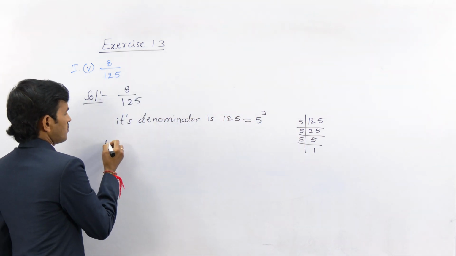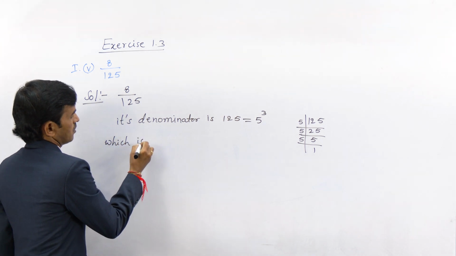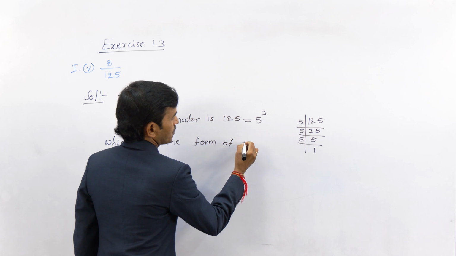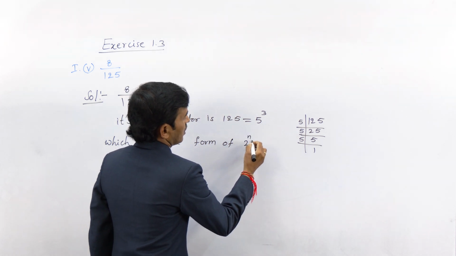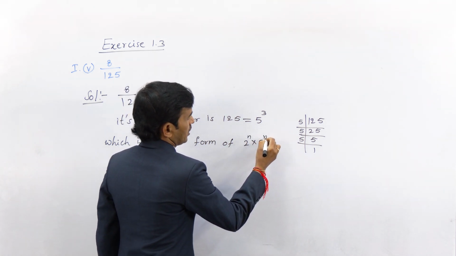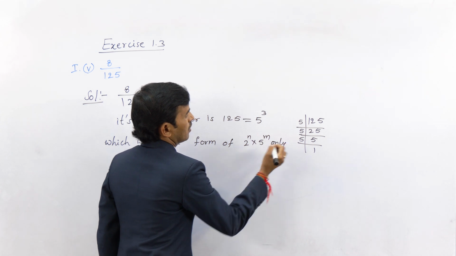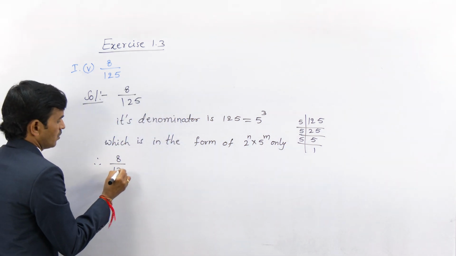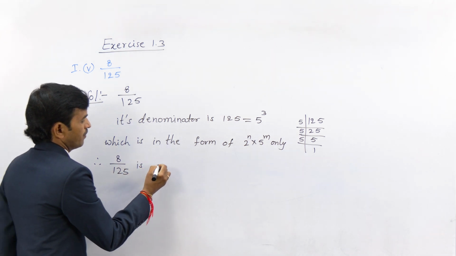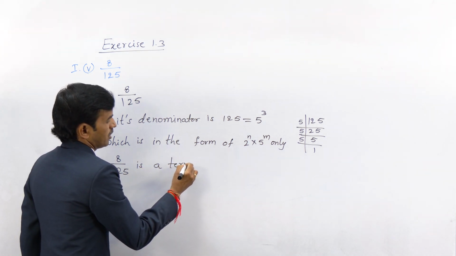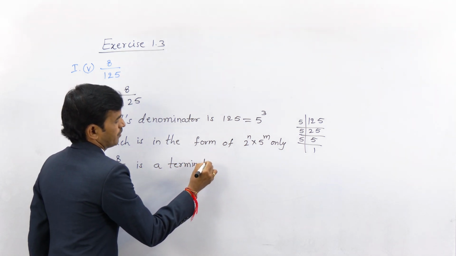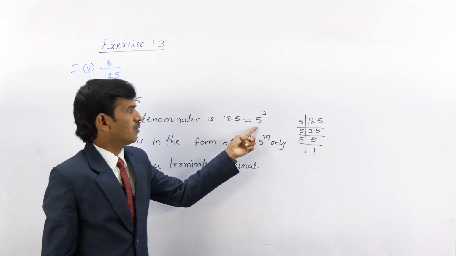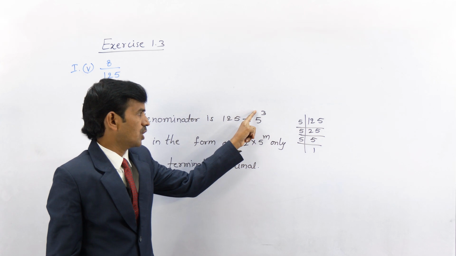So it is in the form of 2 power n into 5 power m only. Therefore 8 by 125 is a terminating decimal, where the given expression's denominator we are getting as 5 power 3 only.